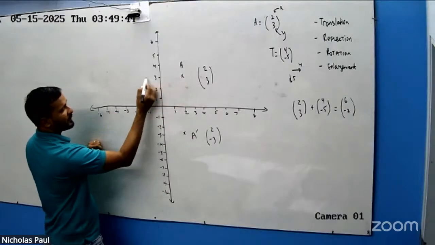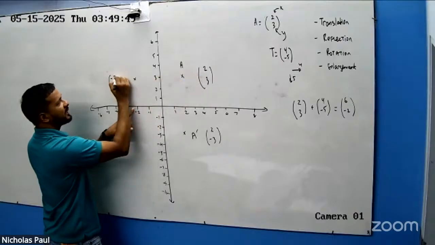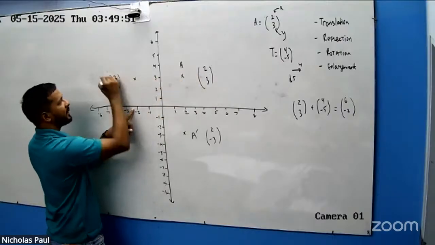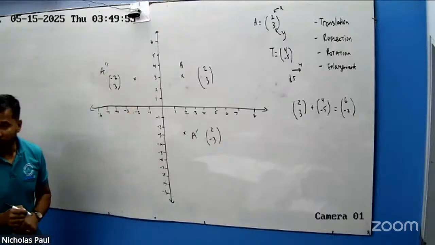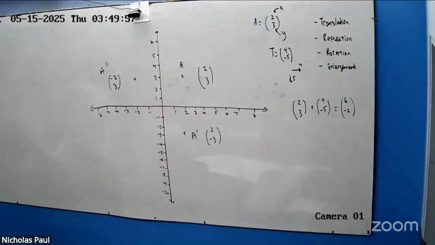So it will stay 3 and it will be here. So the x value will change sign and the y value stays the same. That's okay? That's what we did last week. Don't waste a graph paper. Don't write up. I'm just showing you what we did so far.